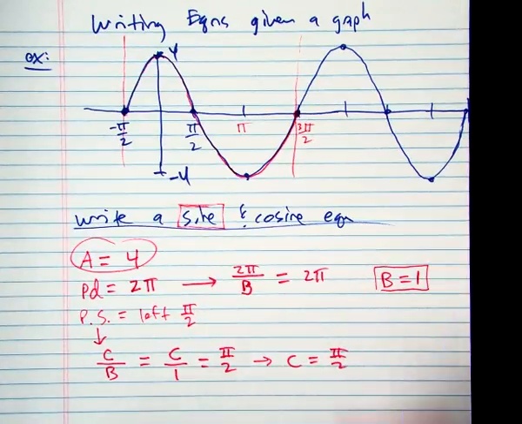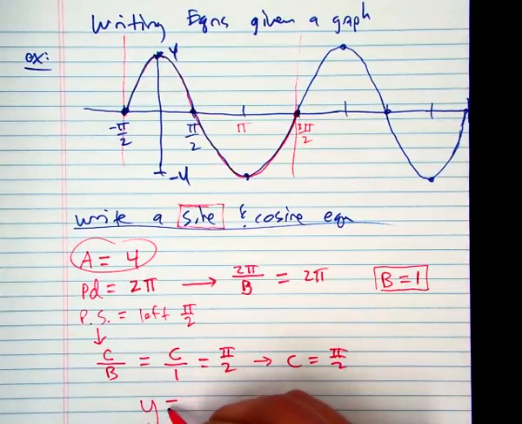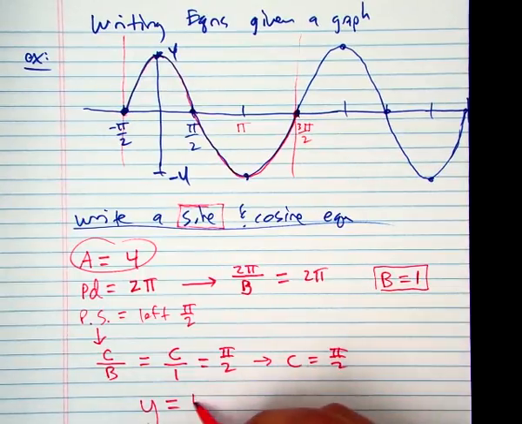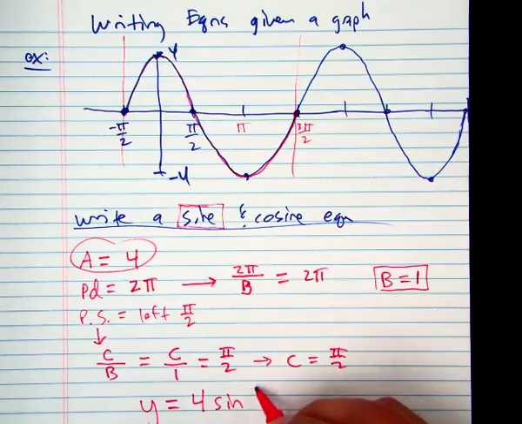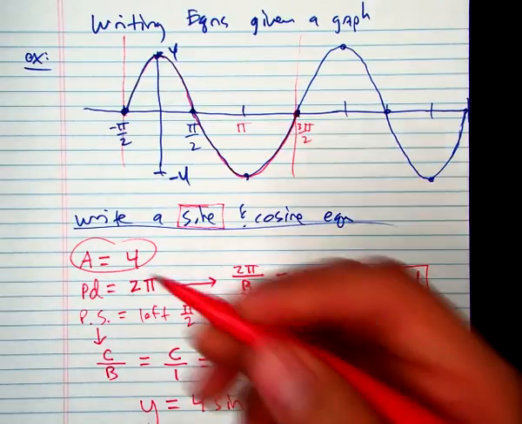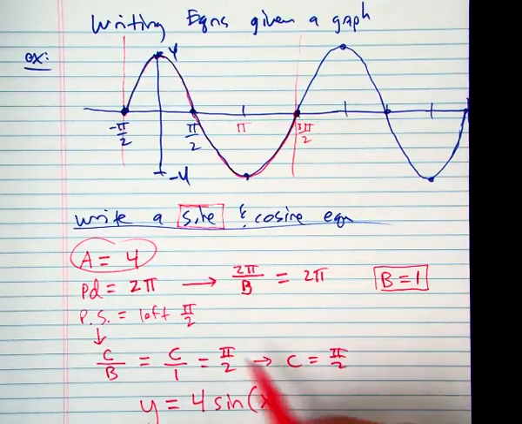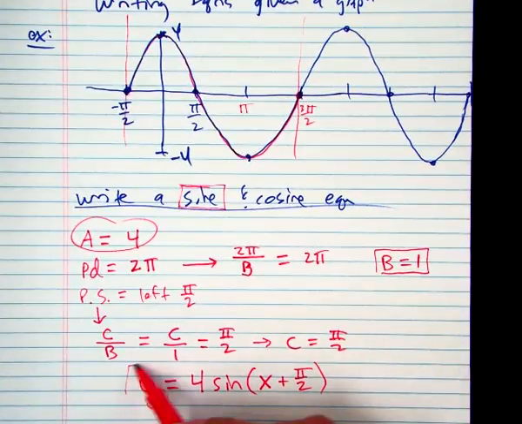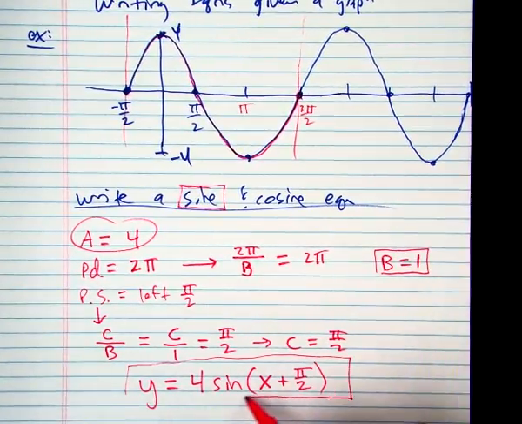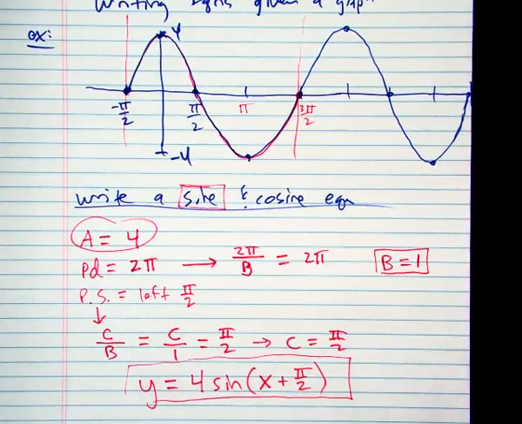So y would be, what's A? 4 sine, what's B? 1, so I don't need it. x. And then if I'm left, what do I do in here? Plus pi over 2. Okay. You guys see how that works? Just piece together, work backwards, write the equations out, find the missing letters.